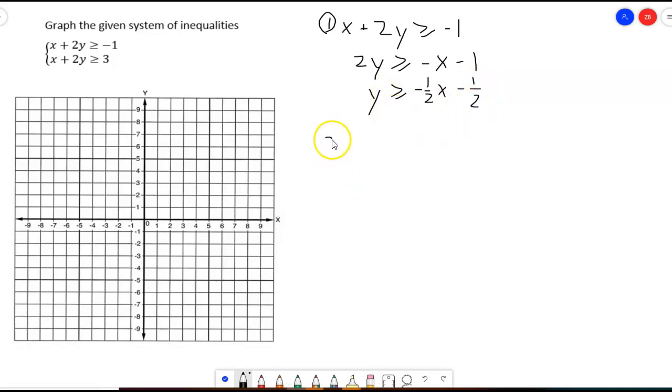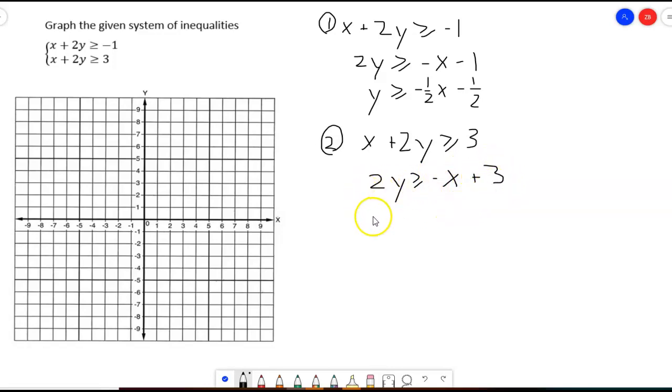Now the second equation, we're going to do the same kind of thing with. So I'm going to have x plus 2y is greater than or equal to 3. So subtract x from both sides. We're going to have 2y is greater than or equal to -x plus 3.